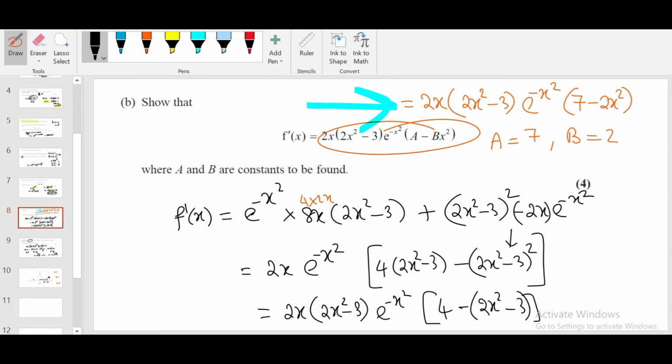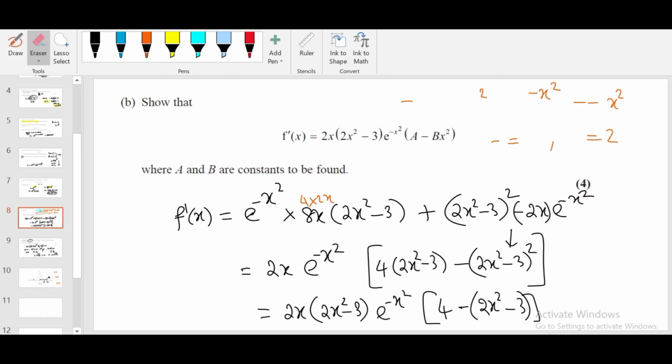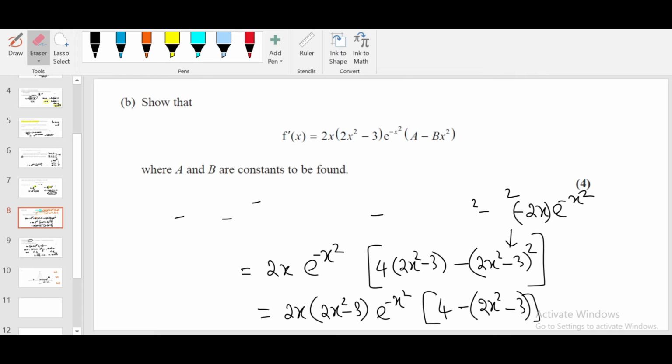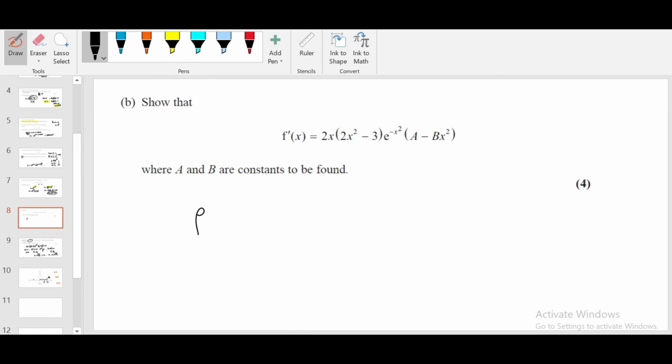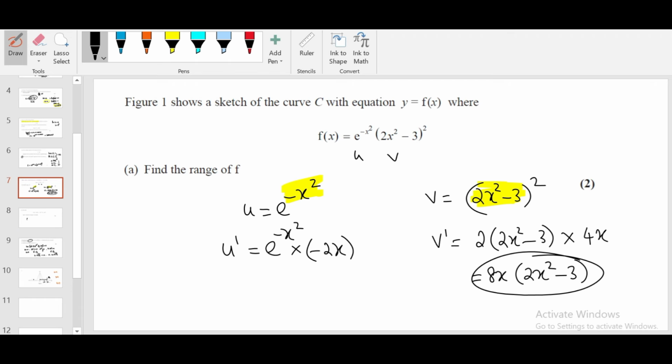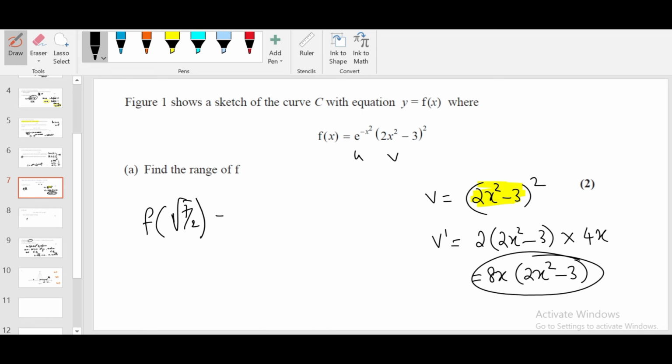Look at the function here. This is the function. So in this function, we are going to replace x by square root of 7 over 2 now. This is a derivative. The function is here. So replace x by square root of 7 over 2. F of square root of 7 over 2 is equal to e power minus 7 over 2. The square root will be gone. 2 times 7 over 2 minus 3 whole square.